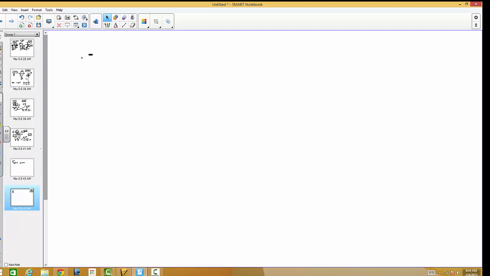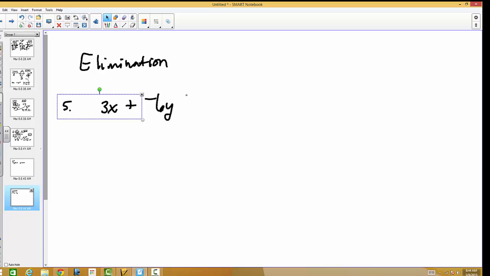Finally, we're going to do elimination. The first problem on your homework for elimination I rewrote for you. It's 3x plus negative 6y, it actually says minus, I just made that plus a negative, equals 3.